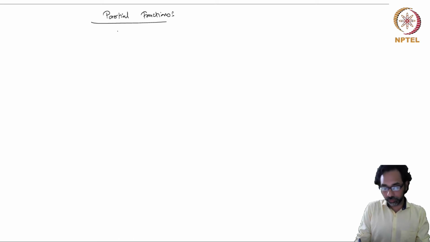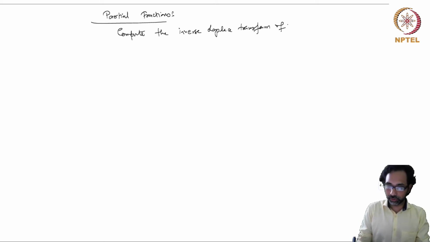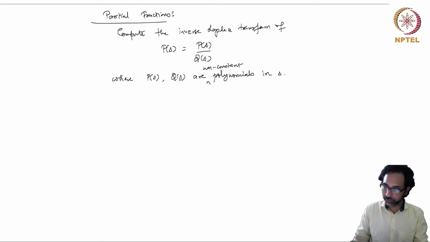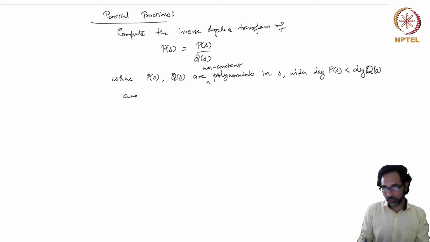So as I said, the problem is to compute the inverse Laplace transform of functions of the form P(s) over Q(s), where P(s) and Q(s) are non-constant polynomials in s, with the degree of the polynomial P(s) strictly less than the degree of the polynomial Q(s), and we also assume that P(s) and Q(s) do not have any common roots.